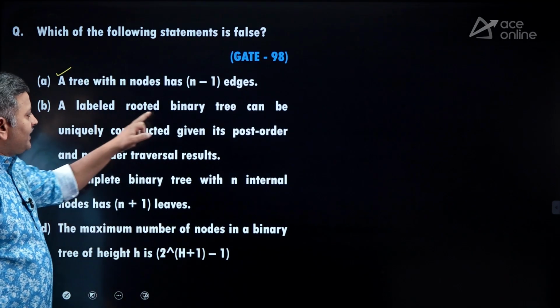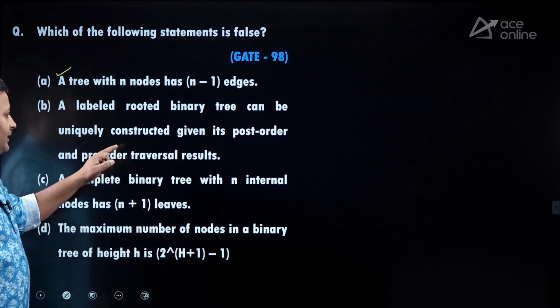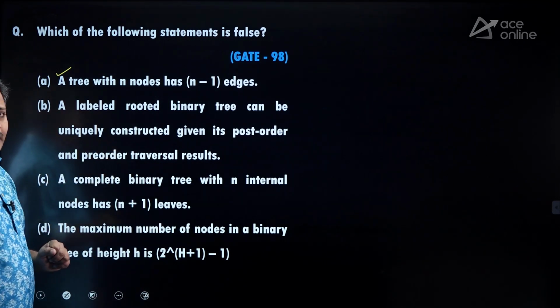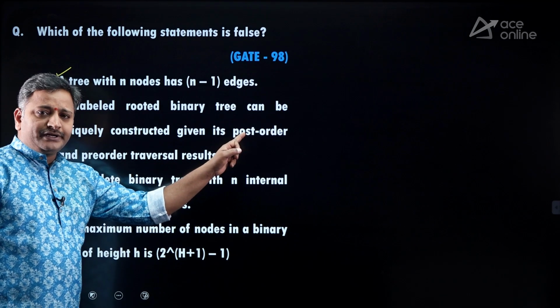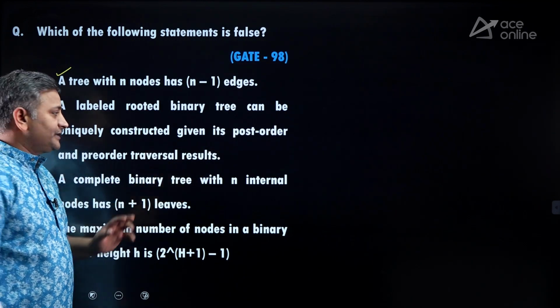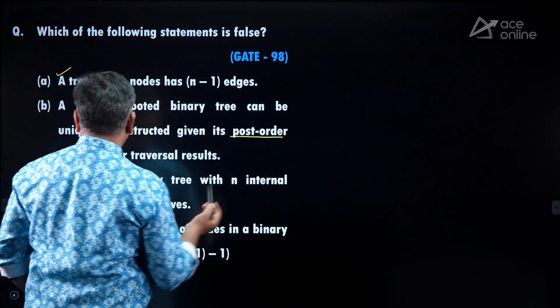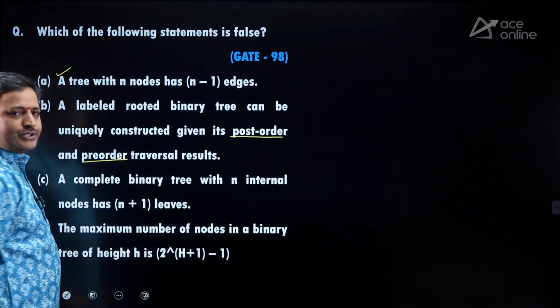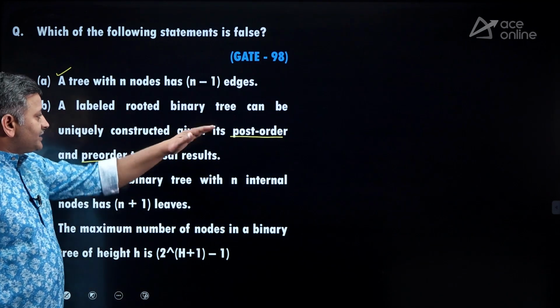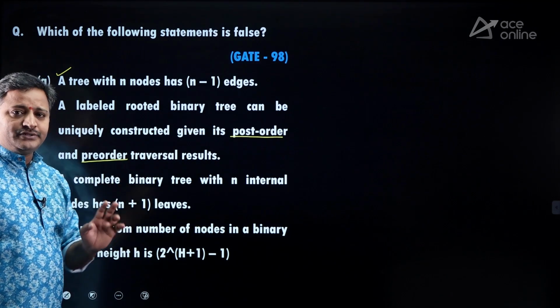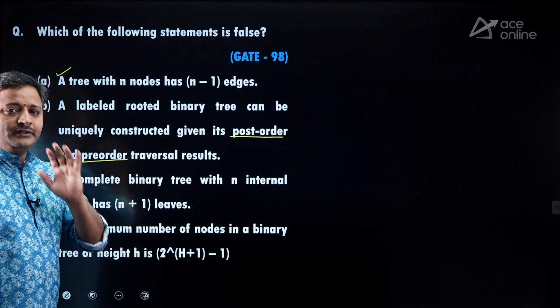Next, a labeled rooted binary tree can be constructed uniquely given post-order and pre-order. Actually, we cannot construct a unique binary tree with the help of post-order and pre-order. Please understand. Then how do we construct a unique binary tree? We can construct it by using in-order and pre-order, and in-order and post-order.